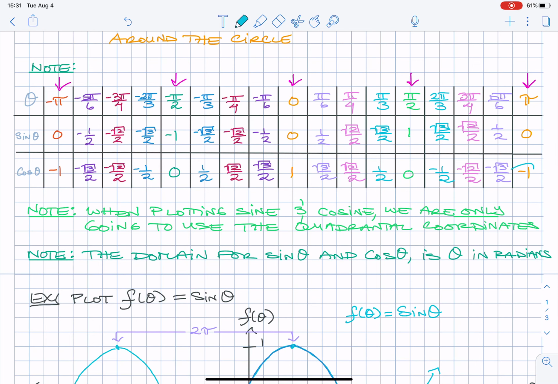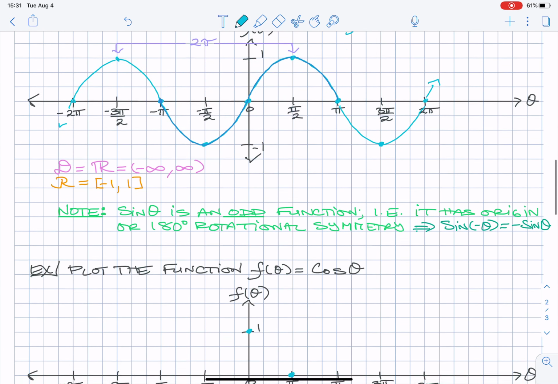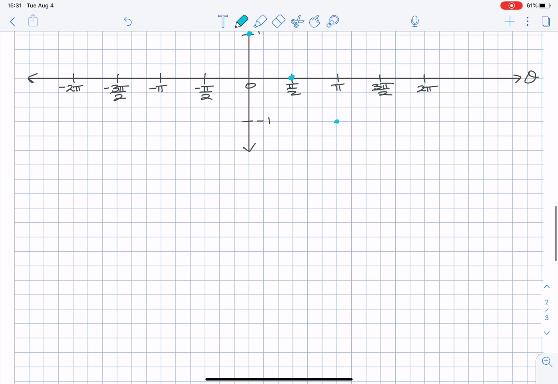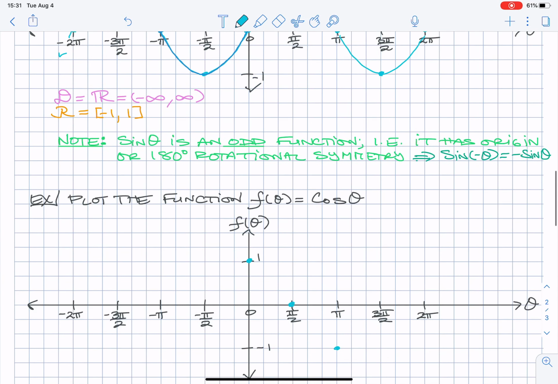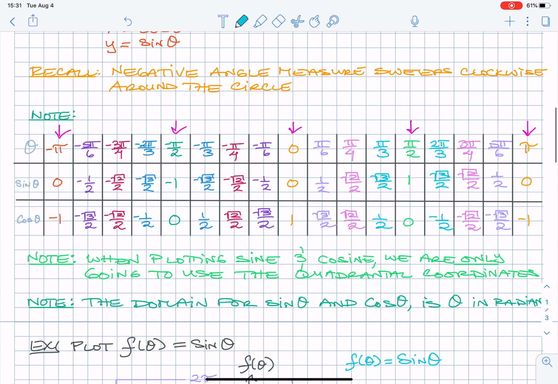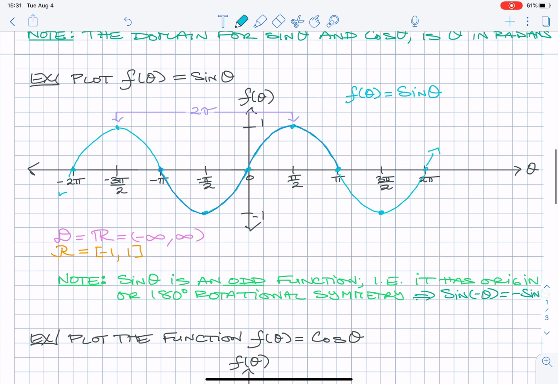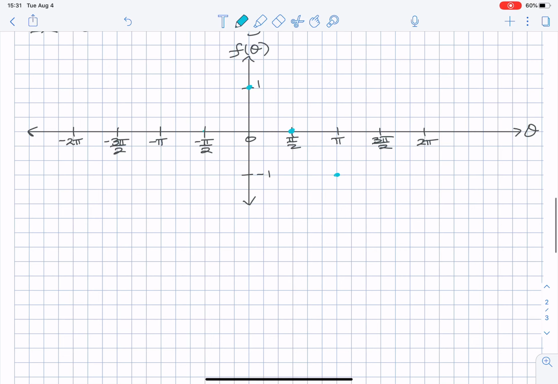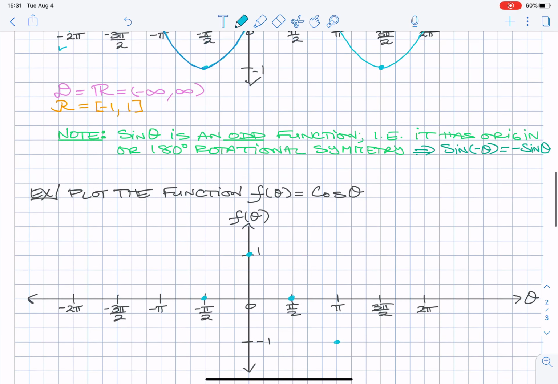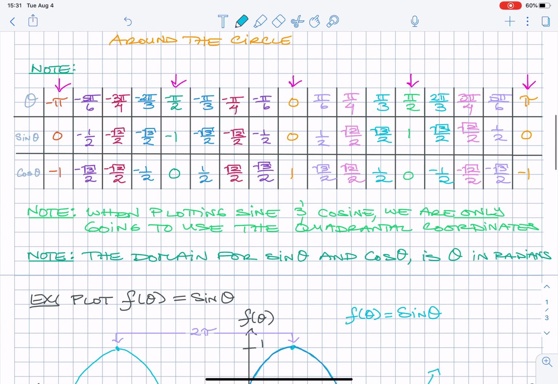Cosine at pi is negative 1. Now let's go backwards. Cosine at negative pi over 2 is 0. And cosine at negative pi is negative 1.